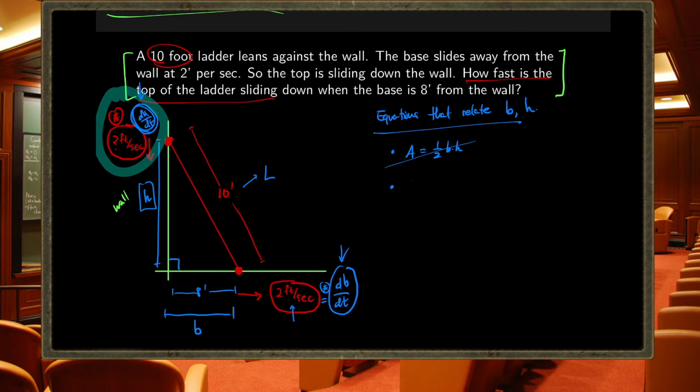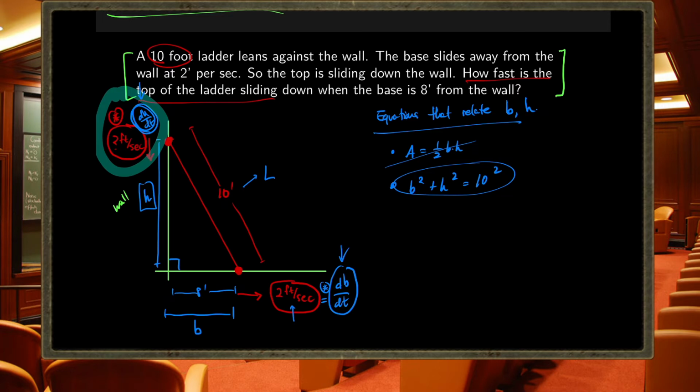We also have the Pythagorean theorem, b squared plus h squared equals l squared, which would be 10 squared here. And this directly relates b and h, and it has the fixed constant of the length of the ladder in there. So this is a pretty good starting point, an equation that we can use to relate those two.